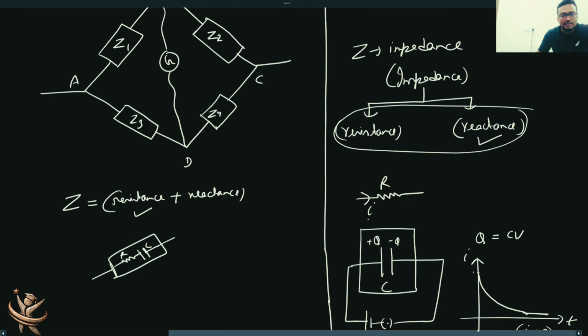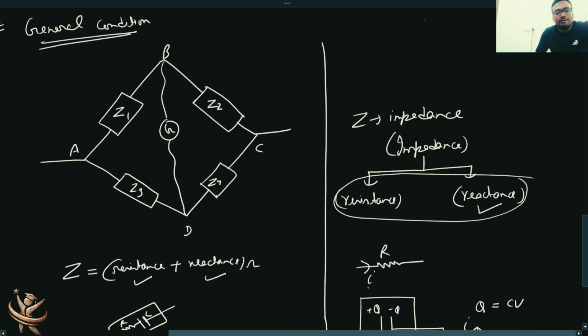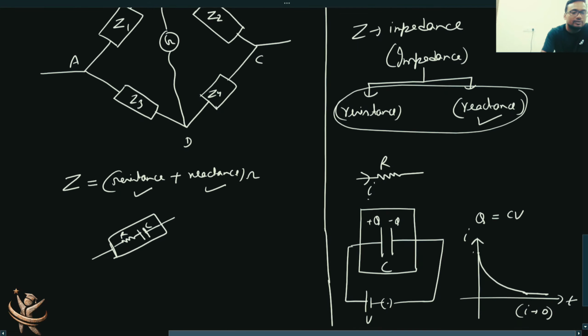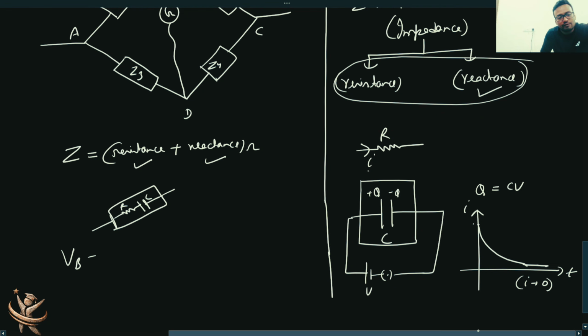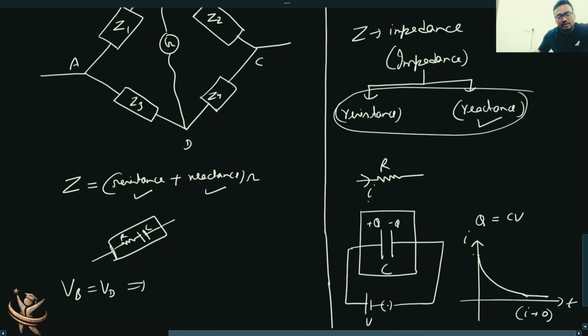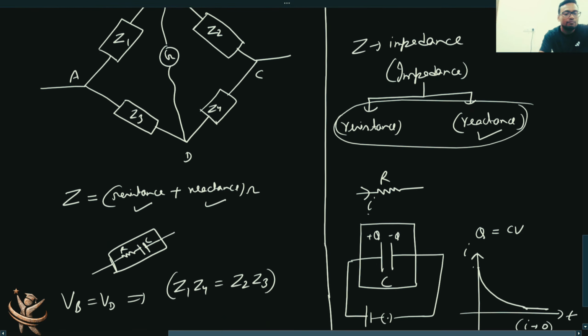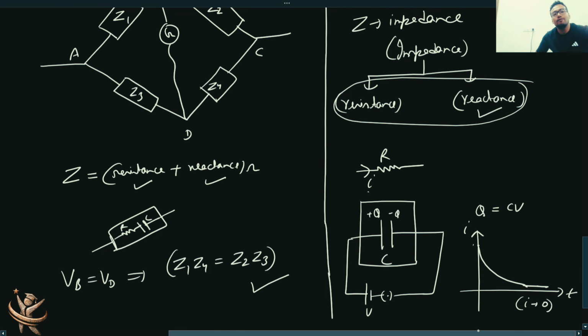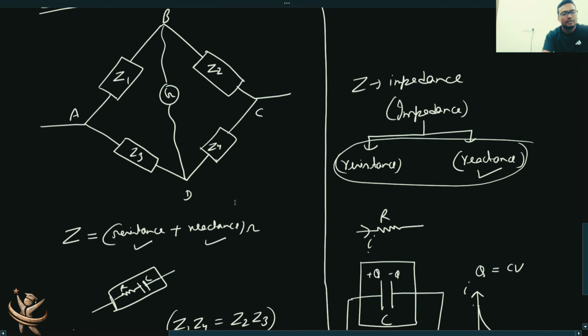Unit-wise you can add them because both of them are in ohms, right? So if it is Z1, Z2, Z3, Z4, then under balanced situation, we can say VB equals VD. That simply implies, as we did earlier, the cross multiplication, like Z1 Z4 must be equal to Z2 Z3, right? So this is the general situation which you can use for any such kind of Wheatstone bridge, correct?